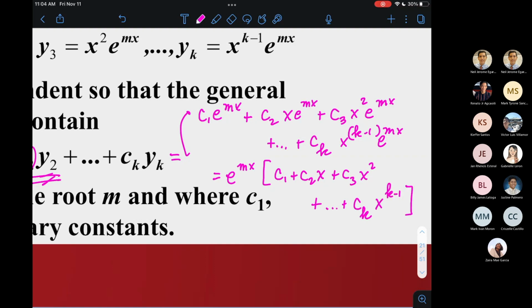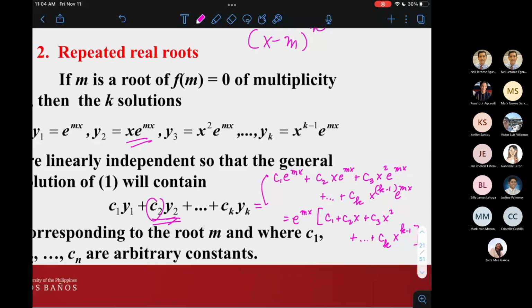So magkakaroon ka lamang ng e to the mx times a polynomial of 1 degree less than the multiplicity of the solution. So kung multiplicity k yung ating solution, k times na naulit si m, then ang general solution ay e to the mx times a polynomial of degree k minus 1.